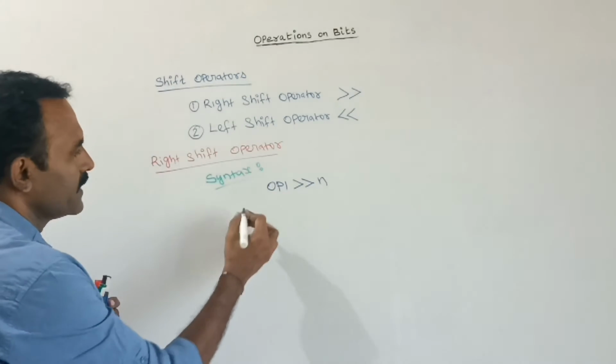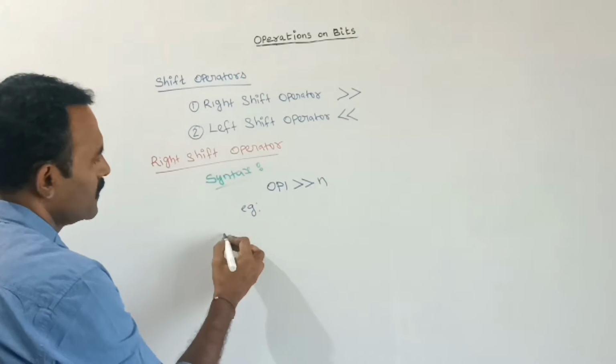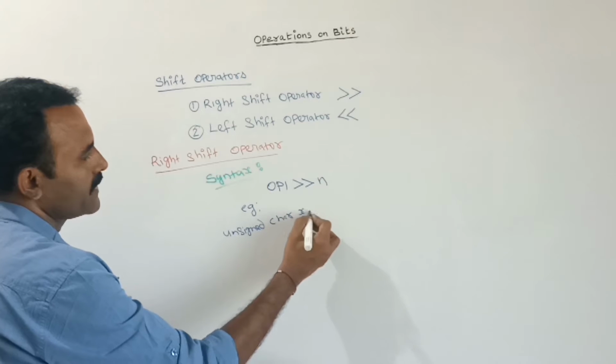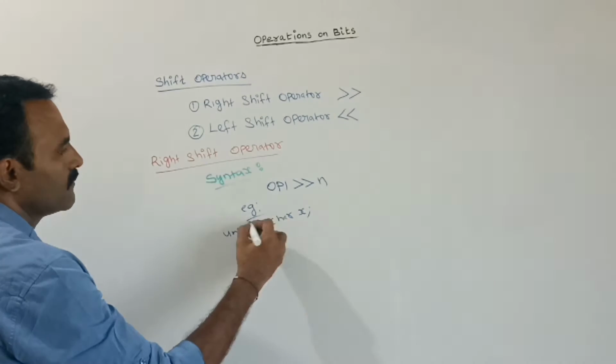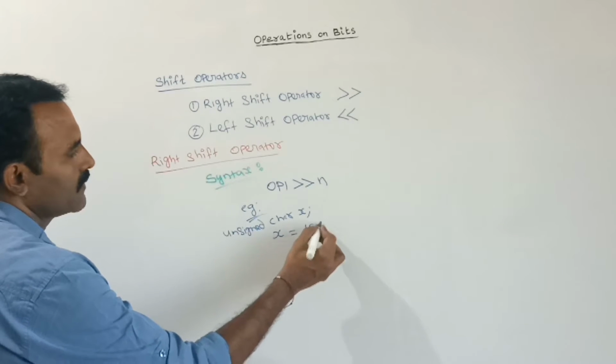For example, suppose I am creating the variable unsigned character x. Next, suppose I am declaring x value is equal to 10.